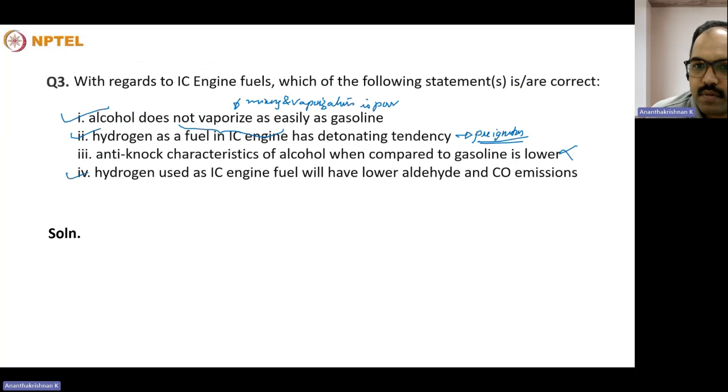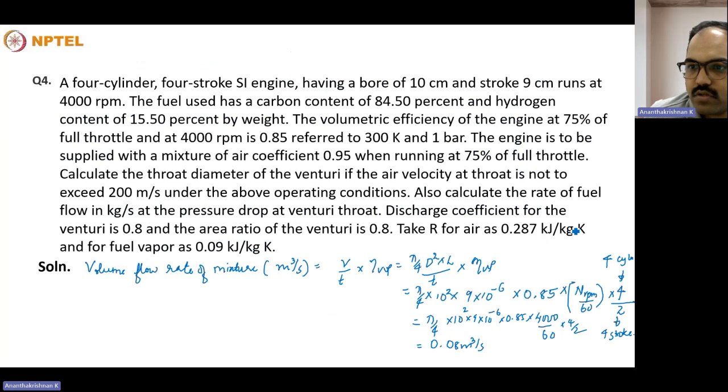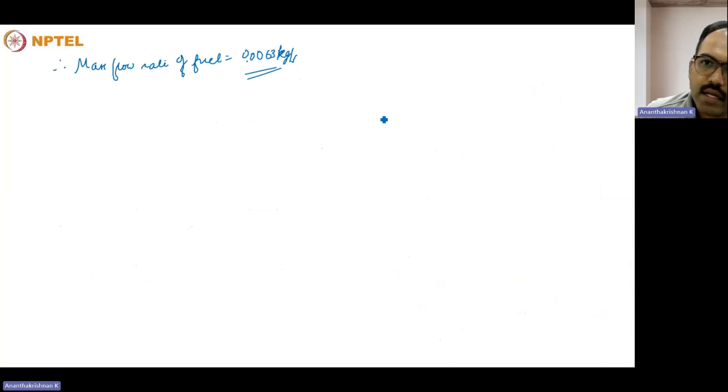Now that is the first part. That's the second part. Actually, we had calculated the mass flow rate of the fuel that comes into the cylinder.